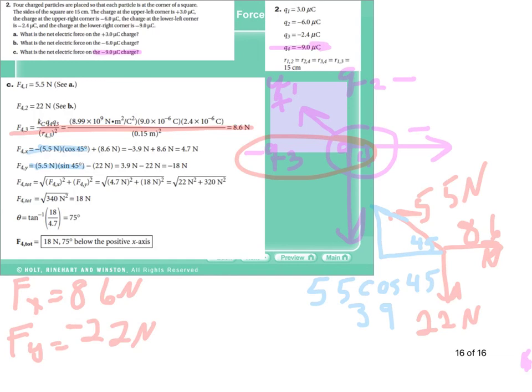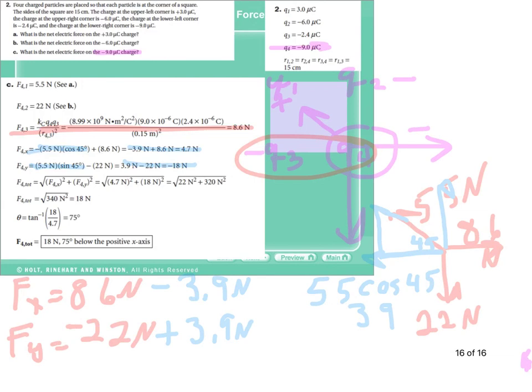For the x part, it's going in the opposite direction, so we're going to minus 3.9 newtons. And for the y part, it's going upward, so we want to add 3.9 newtons, which is what our authors did here and here.